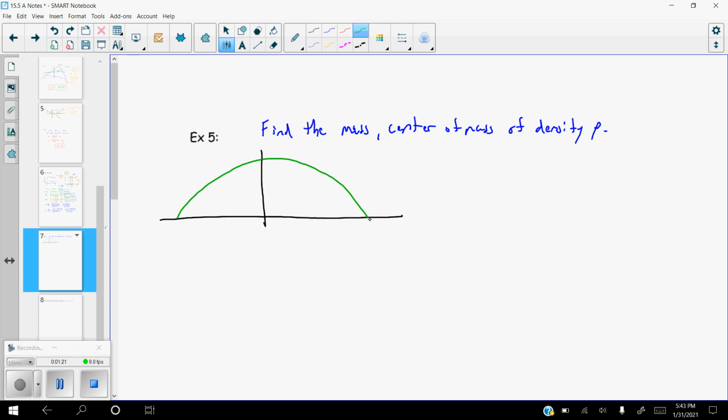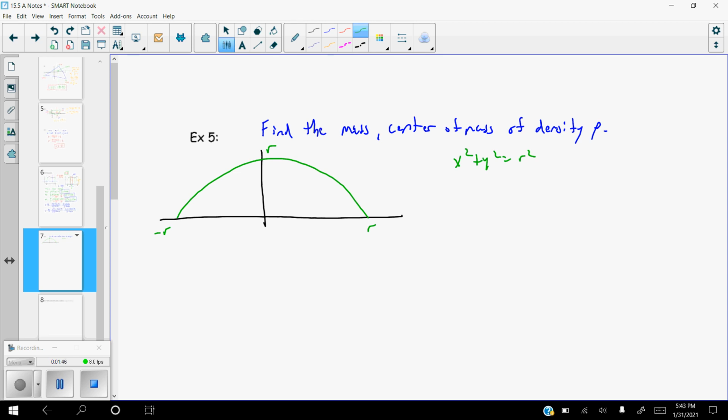That does not look great, but we are told that that's negative r, that's positive r. So from that, we can deem that this is a semicircle. It's definitely not drawn to scale. A semicircle with a radius of r, which is where the formula x squared plus y squared equals r squared came from. And it is just the top half of the circle.